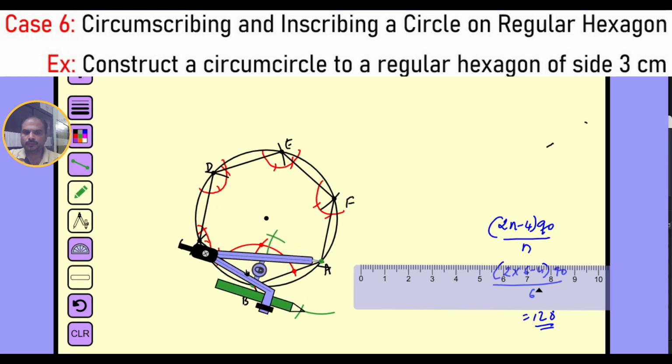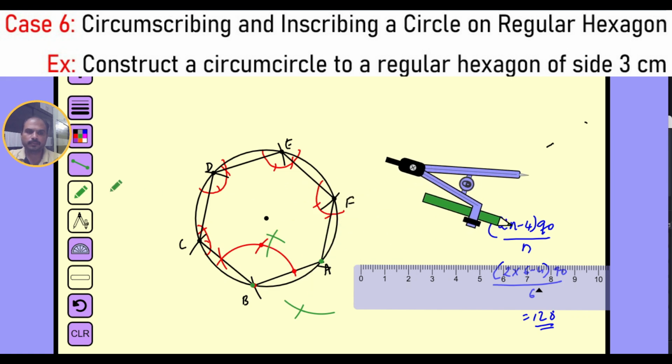Okay, now this is the perpendicular bisector of one of the sides. You can extend it, children. It is not necessary that it should be of the same length. Obviously you get the center of the circle over here, they both should intersect over here.